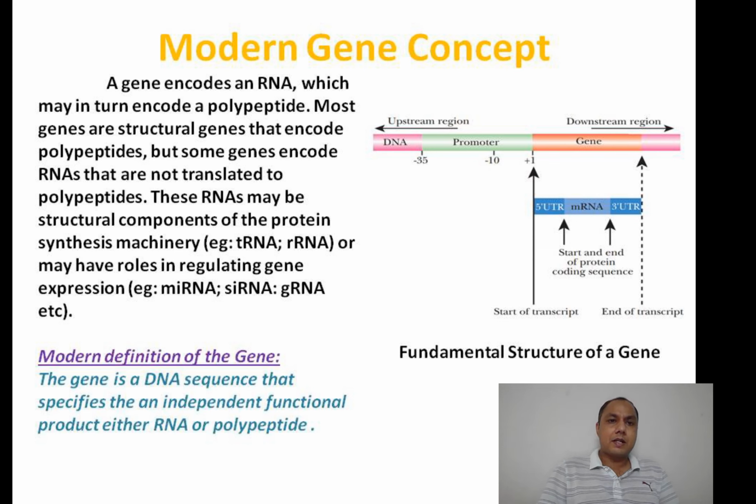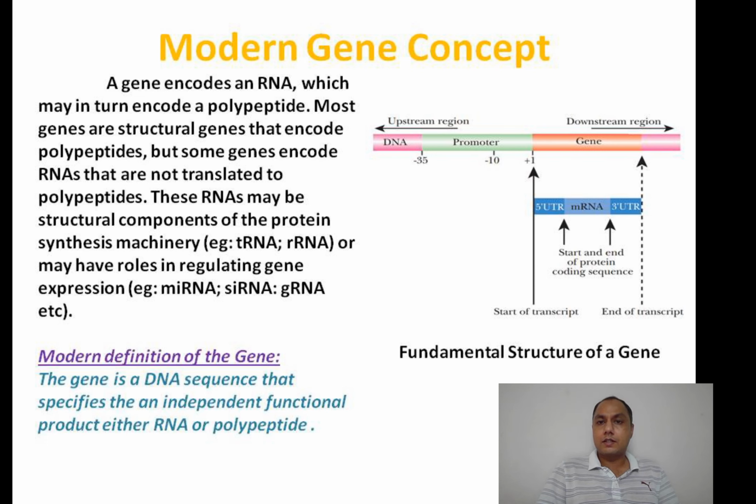So ultimately, we can simply summarize by this diagram. A gene is nothing but a DNA tract which has mainly two parts. One is the structural gene, which is basically transcribed into an mRNA, and the other one is the regulatory part of the gene, that is usually called the promoter. From here this transcript is started.